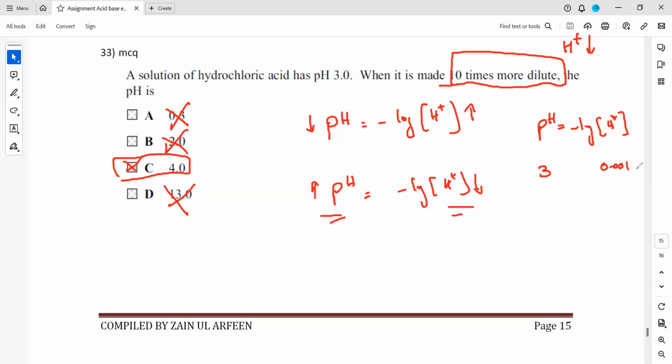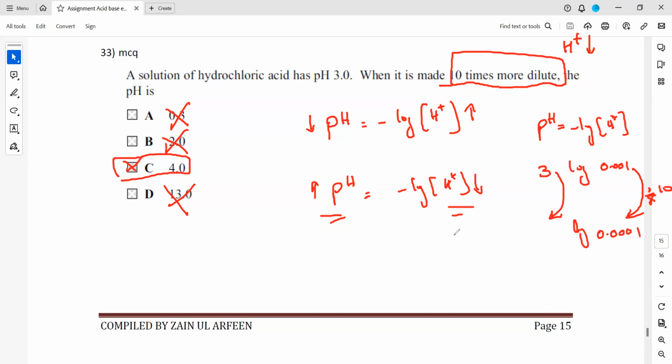If we make it 10 times more dilute, it means we reduce the concentration, so it is divided by the factor, because dilution means the volume is increased. If the volume is increased by 10, the concentration will decrease by 10.